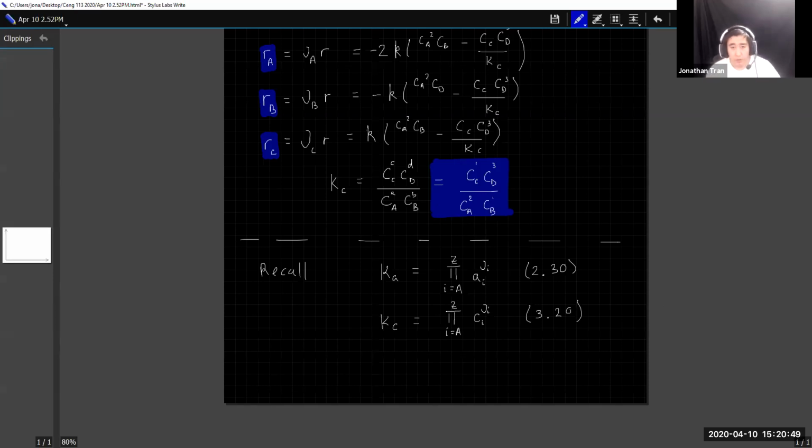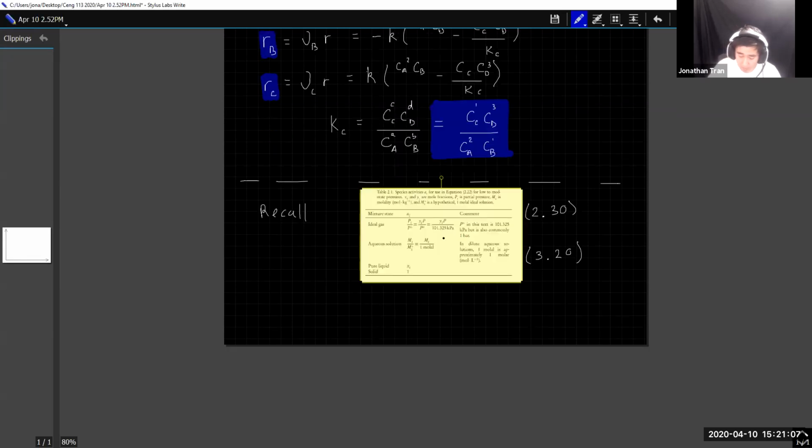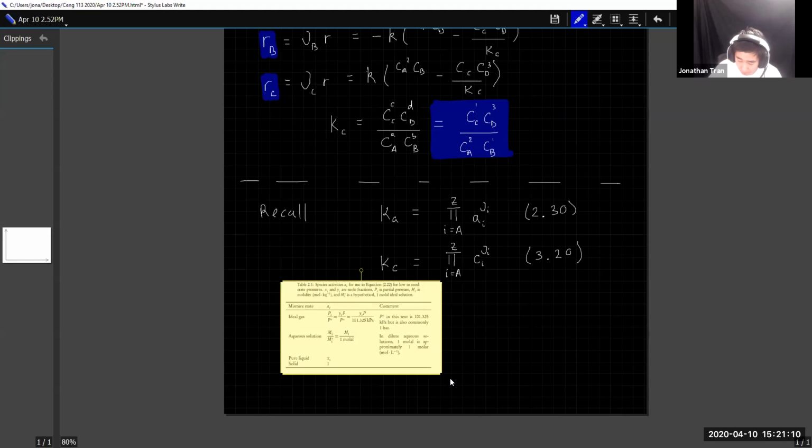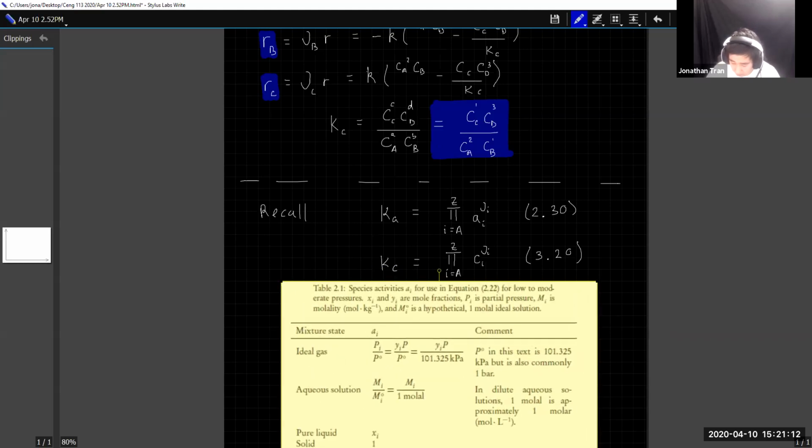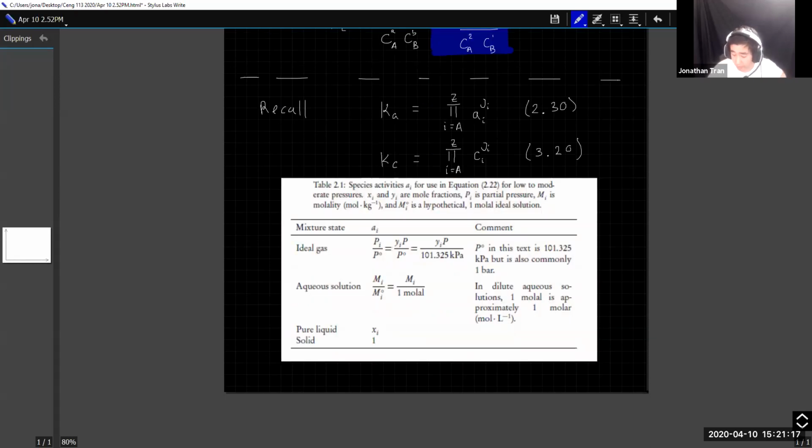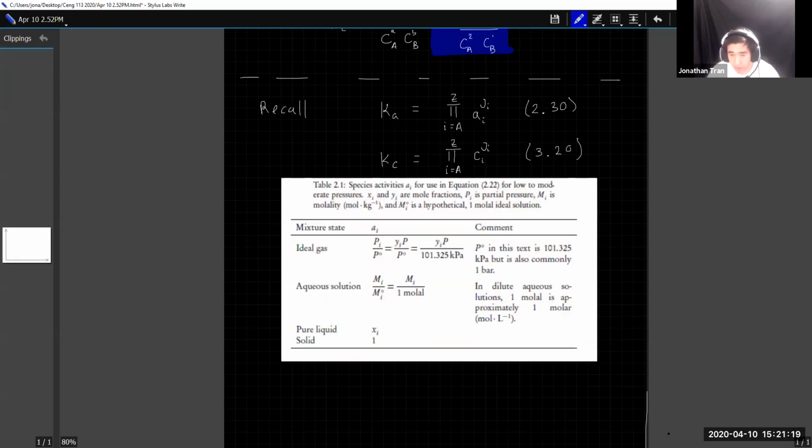So if we're going to write any relationship that connects Kc and Ka, if you remember from table 2.1, which I will pull up right now, table 2.1 defines A sub I, the activity, depending on the state of matter you're in.